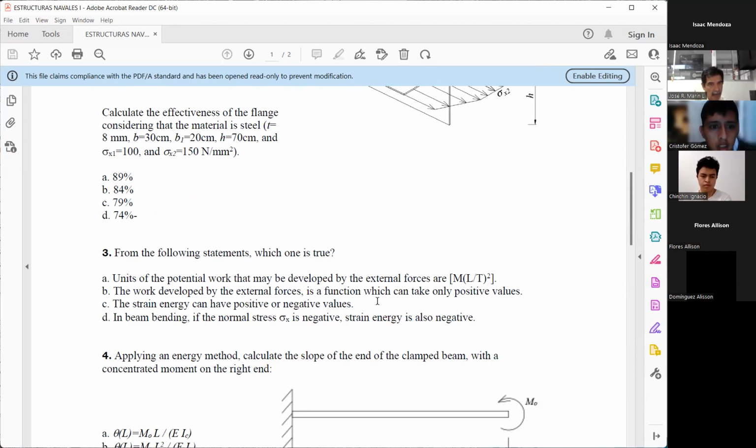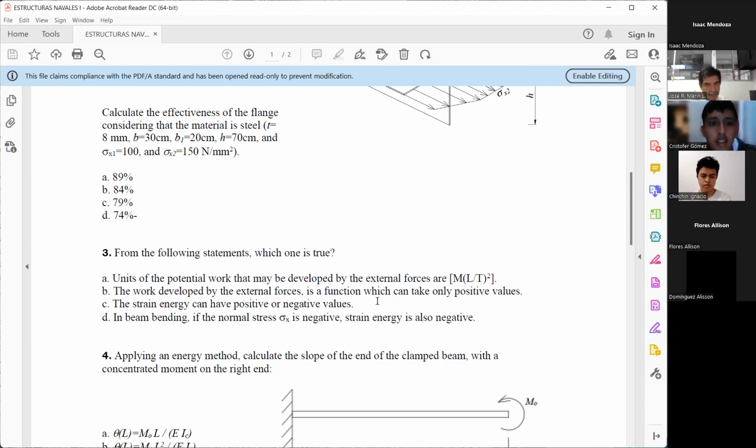Problem 3. Select which statement is true. A, the unit of the potential work that may be developed by an external force is M L over T squared. B, the work developed by the external force is a function which can take only positive values.